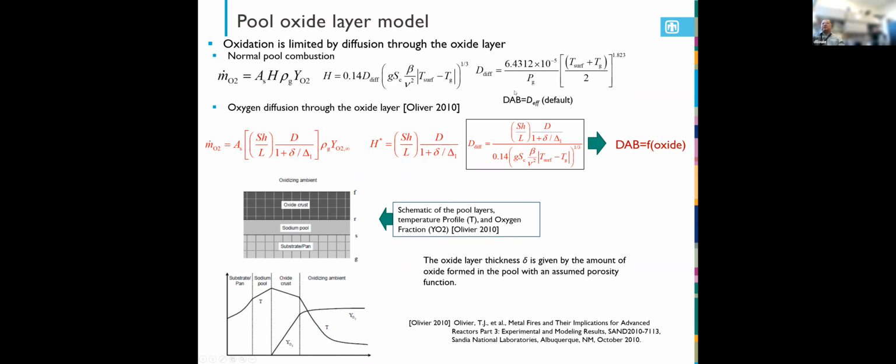So the difference between these two, the red and then the black, is the addition of the oxide layer. The oxide layer delta is the amount of the oxide in the pool, which has some kind of porosity. In the observation of the experiment, they saw a lot of porosity in the crust. So porosity makes it swell up. So we're going to model this equation as well as this equation.